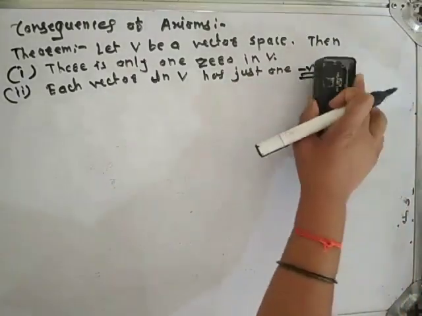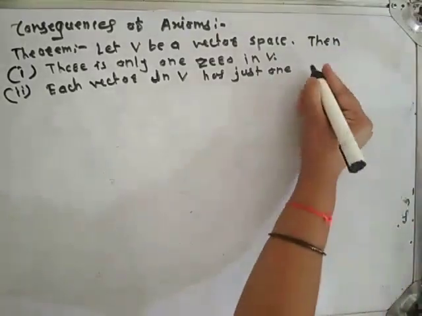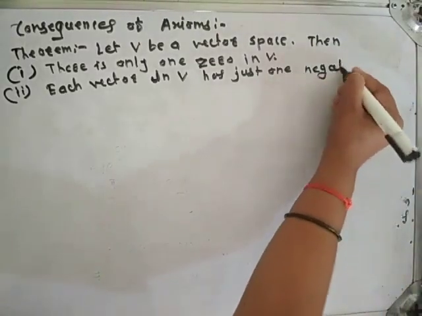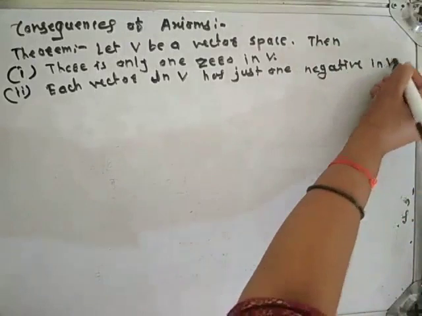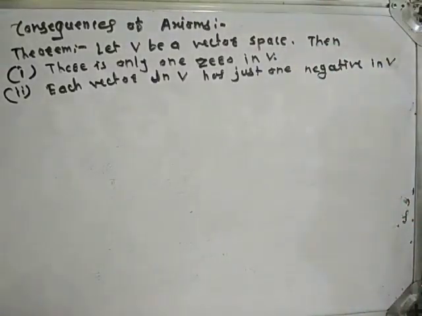What is the first statement? First, there is only one 0 in V. Proof.